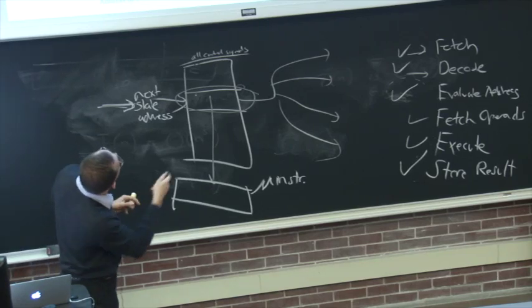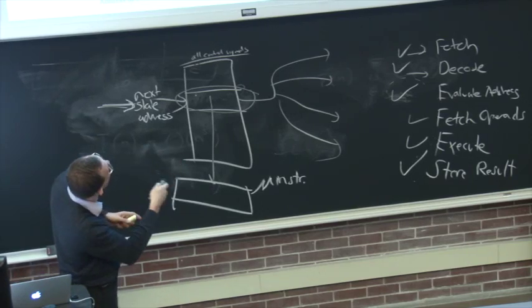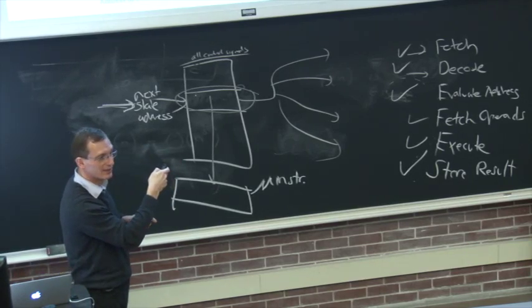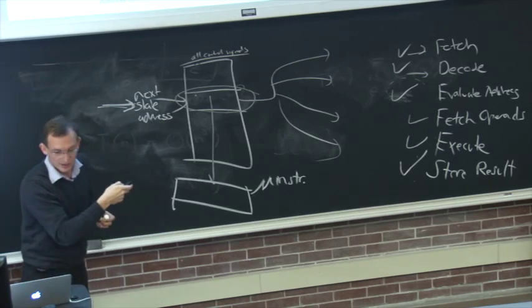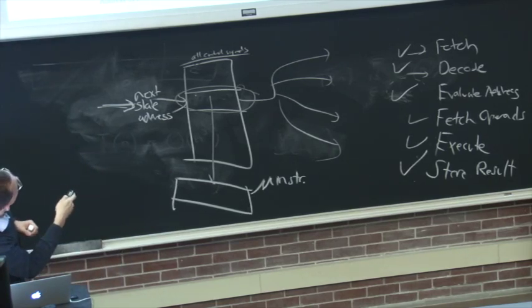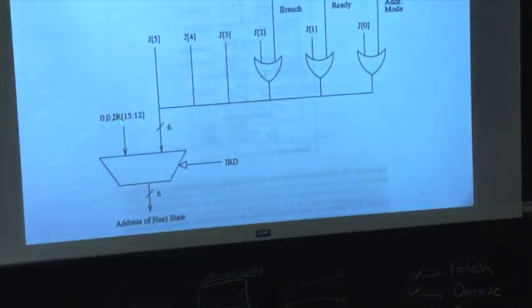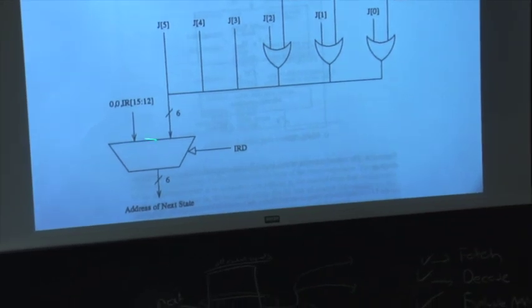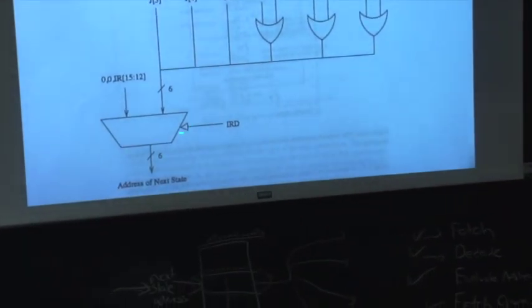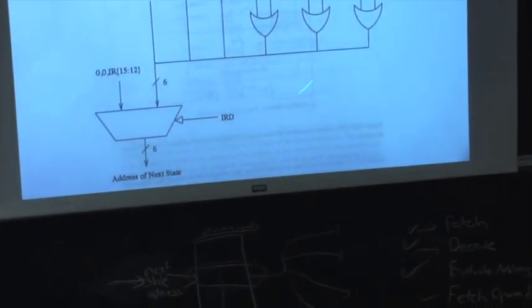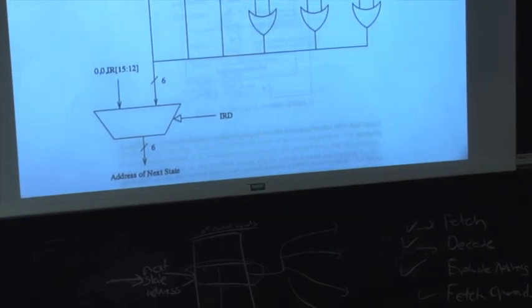How do you determine it? Well, this is the structure that determines it for LC3B based on your state machine. For example, this IRD signal tells you that the next state address should come from this. If the IRD signal is not set, the next state address should come from this mess here that you will learn again.